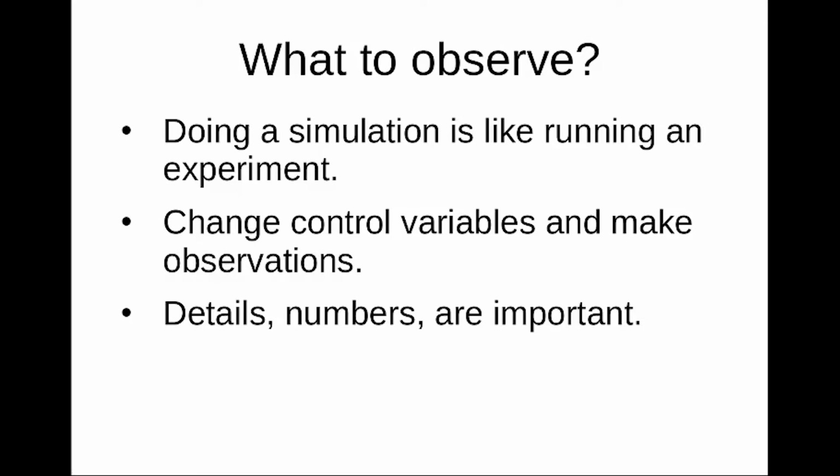For example, in a power supply simulation, some of the variables that are of interest are voltages across the devices, switches, and current through the various components, outputs of controllers, and things like that. Okay, so doing a simulation is basically like running an experiment.